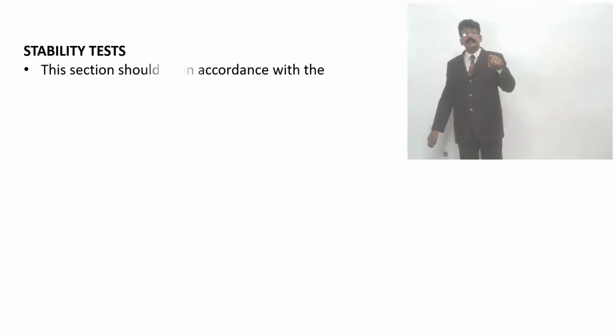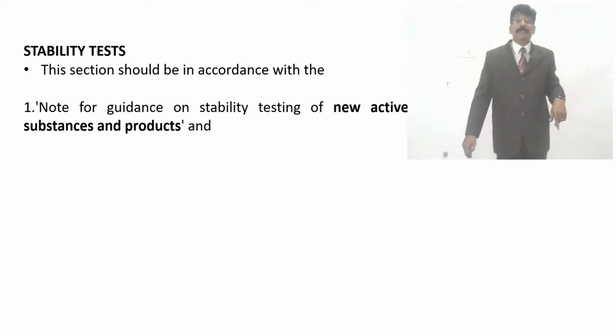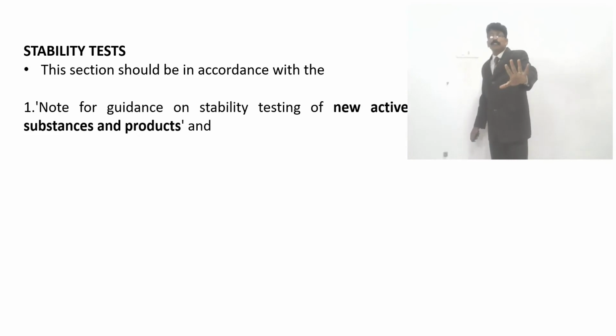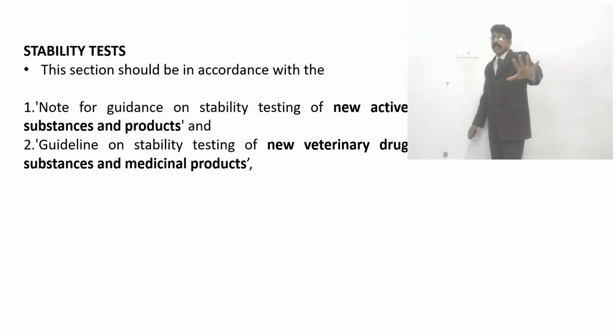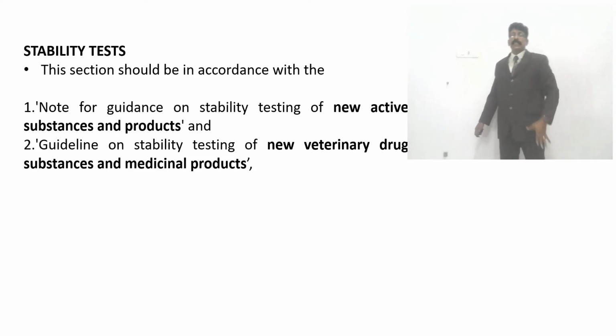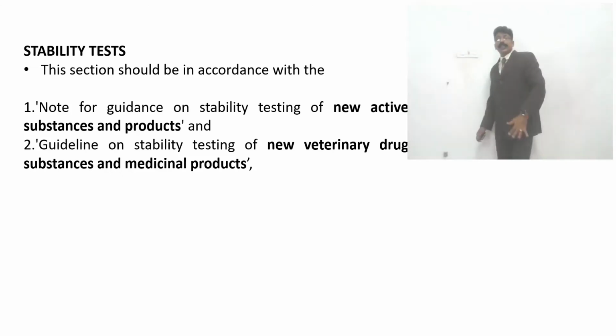Stability test for any herbal products: the selection should be made according to the guidelines. There are 5 points which you should remember. Number 1, note for guidance on stability testing of new active substances and products. Number 2, guidelines on stability testing for new veterinary drug substances and medicinal products.